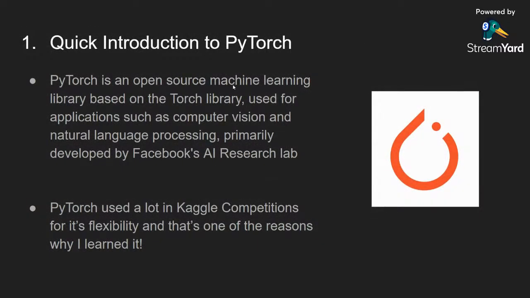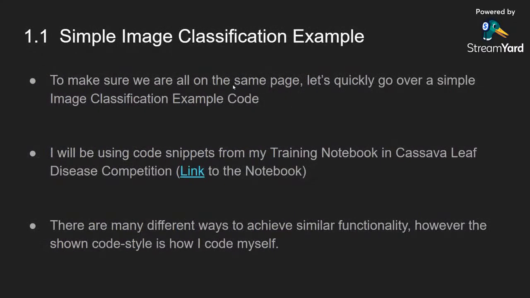To give a quick introduction on PyTorch and to make sure that we all are on the same page, I'm going to start with a simple image classification example. If you have some basic knowledge of deep learning, it should be fairly easy for you to catch up. I'm going to go through some image classification example code, and I will explain what each and every line of the code does, so you know more or less what the PyTorch version of a basic image classification example is.